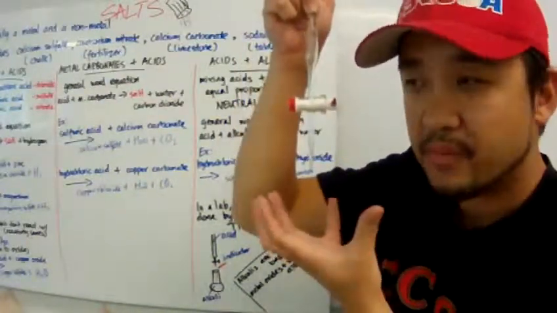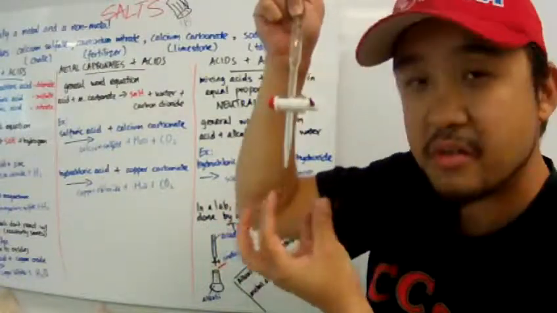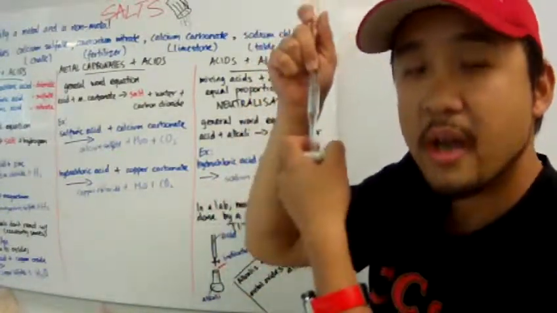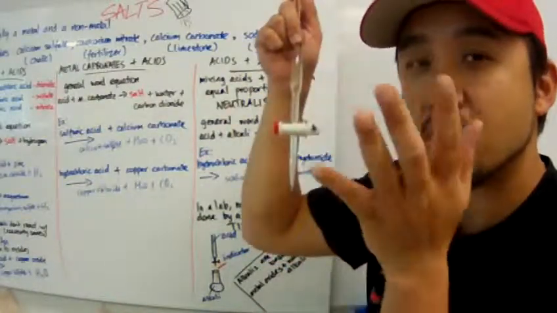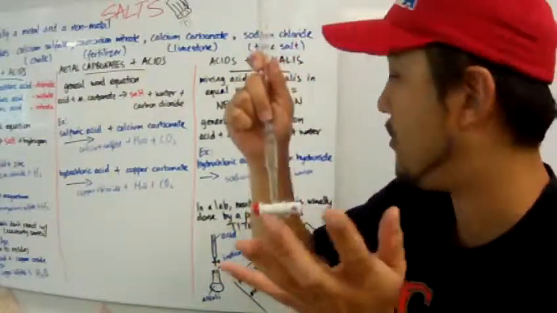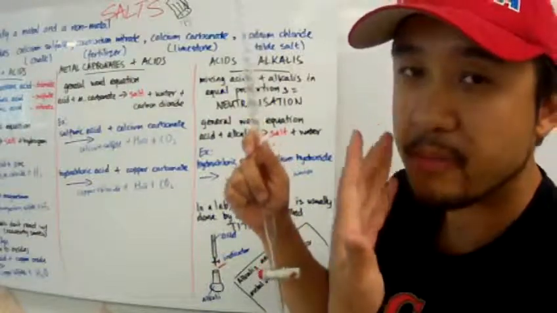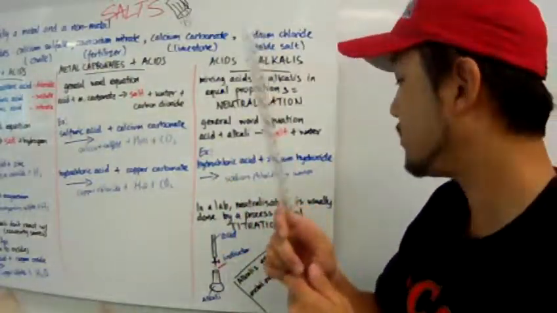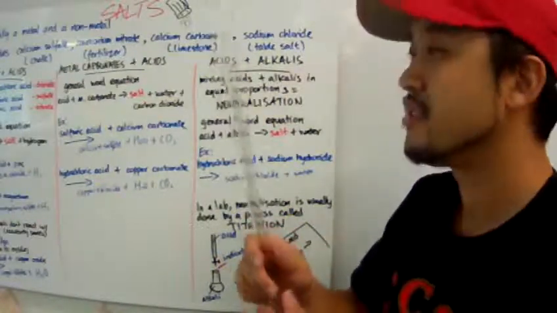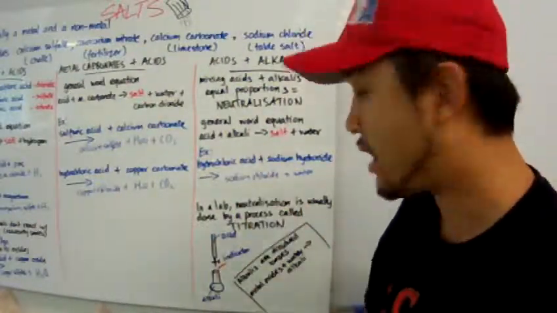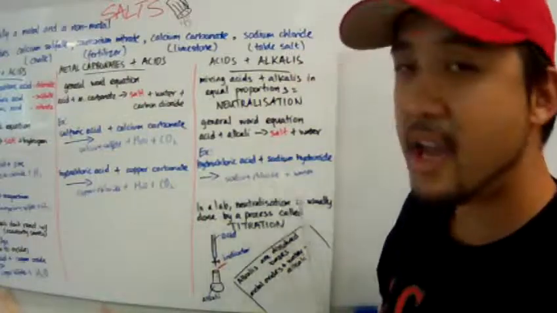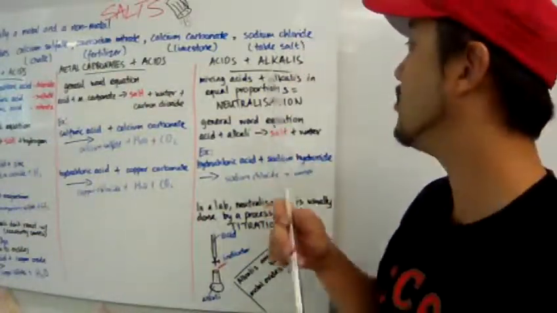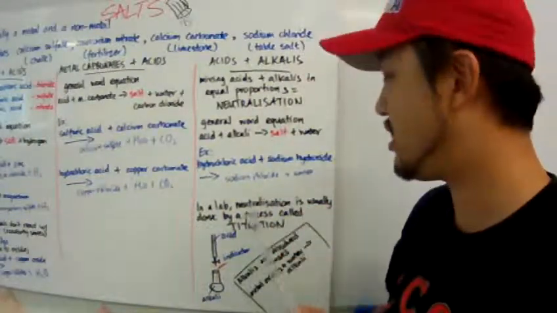Once the reaction vessel changes color, you know you have reached your neutralization point. There's a more technical term for it, but we'll talk about that in year 10 or something. Okay? So, that is titration.